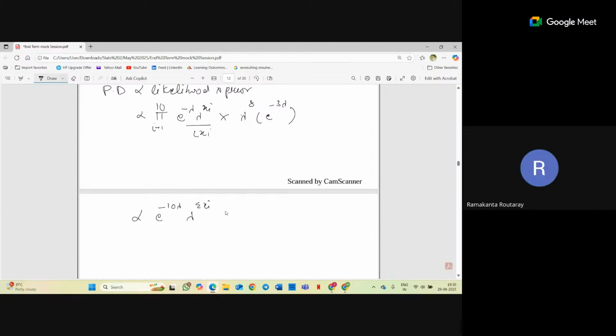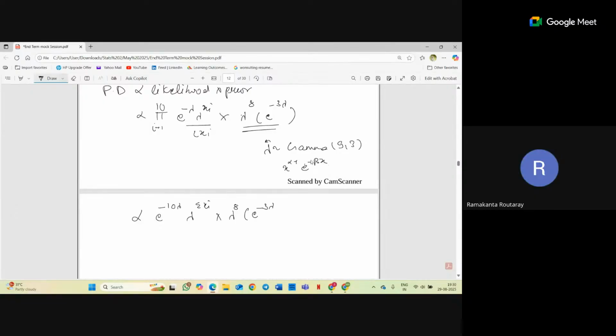Ma'am, before proceeding, could you please explain the first line, how did we arrive at these numbers? Which one, the power one? Yes. My prior distribution is lambda following gamma with 9, 3 as the parameters. For gamma, the density is x raised to the power alpha minus 1, e raised to the power minus beta x.